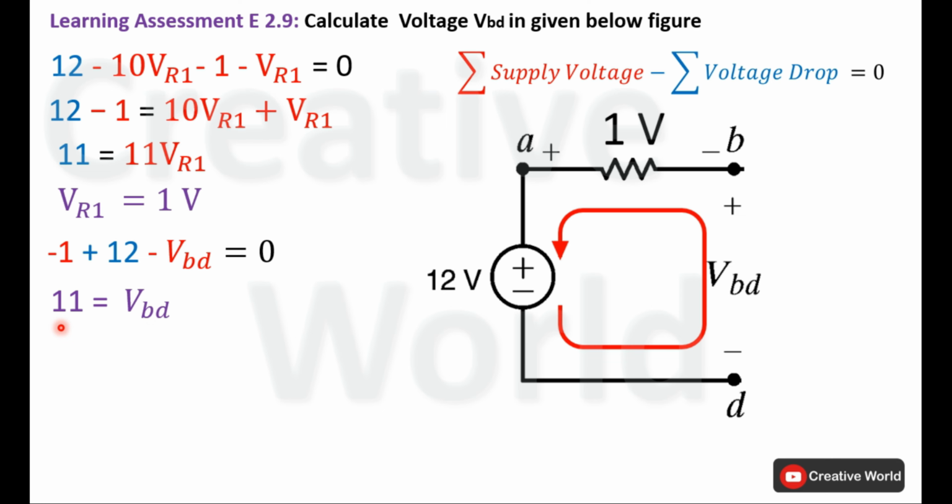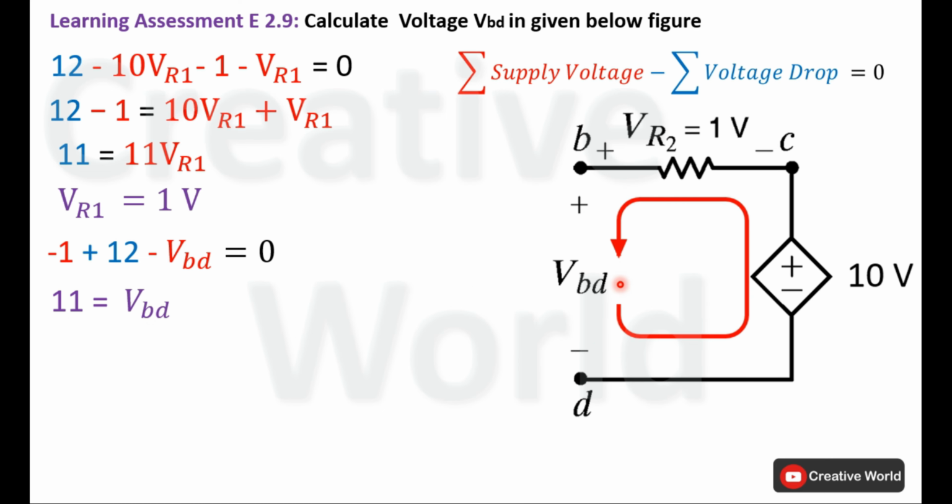Now I will calculate VBD from the right half circuit. In this scenario, the current direction is taken counterclockwise and we will start from VBD. The current is entering from the positive terminal, so VBD will be taken with positive sign. This current is entering from the negative terminal of this dependent voltage source, so 10 volts will be taken with minus sign.